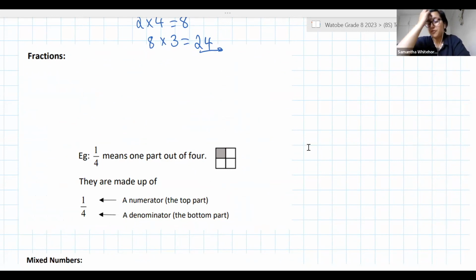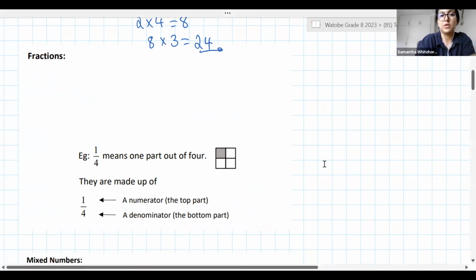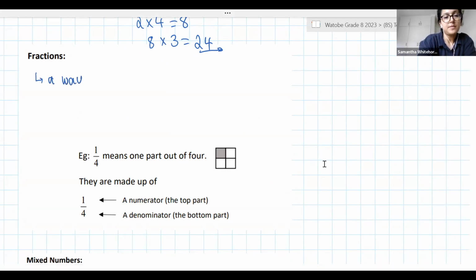Alrighty, so a fraction is basically a way of representing parts of a whole. So I'm going to put that here for us. And a fraction is made up of two parts.